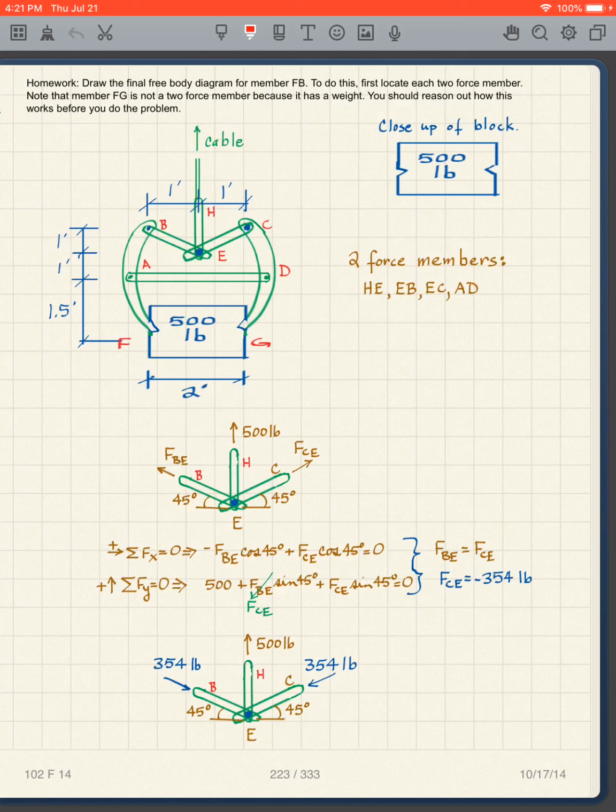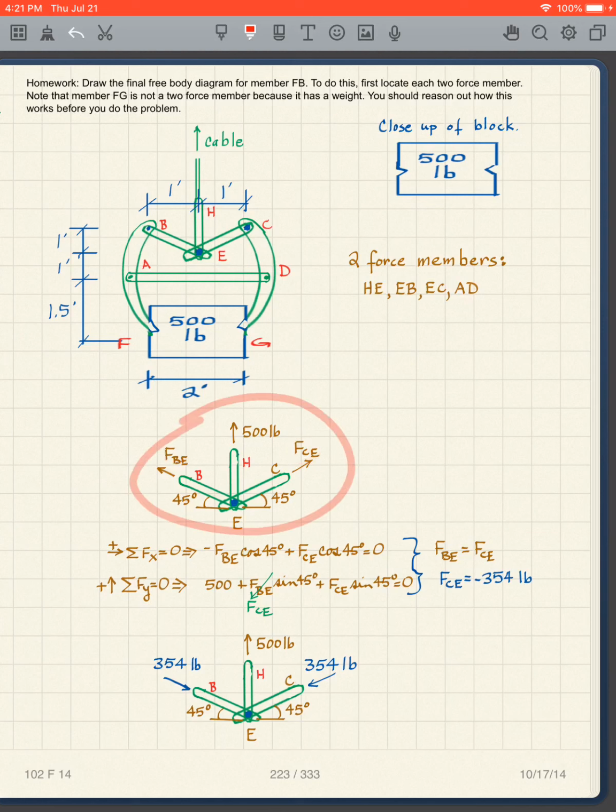And so when I draw my free body diagram of BCEH, then I have 500 pounds acting upward, and then since these are both 2-force members, I have a force acting along the axis of that member. And I'm calling that one FCE, this one FBE.